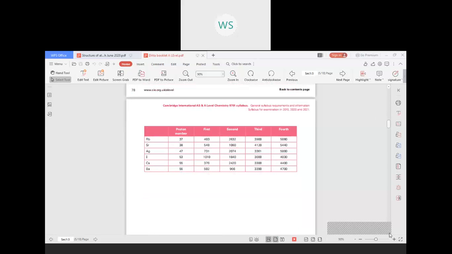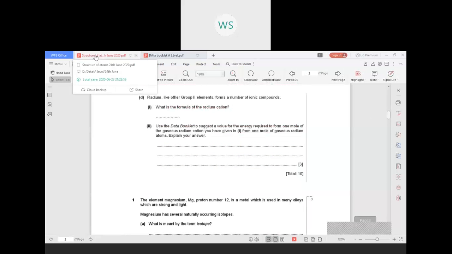Teacher, I don't see any Ra. Yeah, that's correct. There is no value for Ra. But the A-level question asks to use the data booklet to suggest a value for the energy required to form 1 mole of gaseous radium cations.